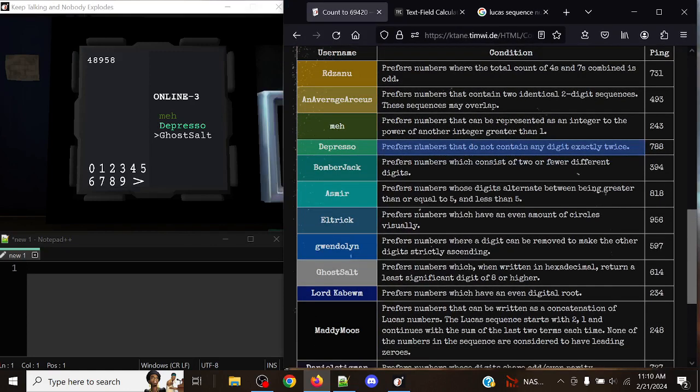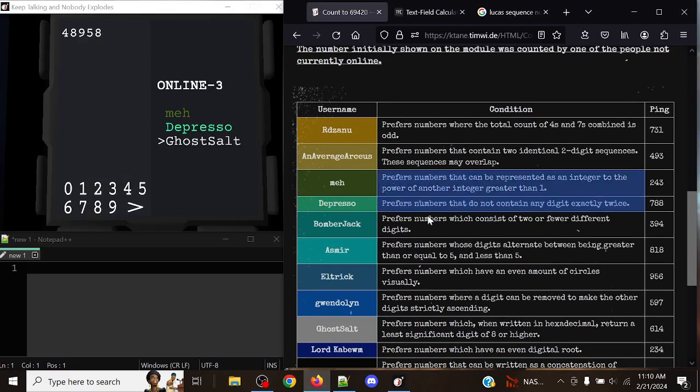So depresso prefers numbers that do not contain any digit exactly twice. Okay. Me prefers numbers that can be represented as an integer to the power of another integer greater than 1. So this rule, I believe, is referring to an integer to the power of another integer greater than 1.